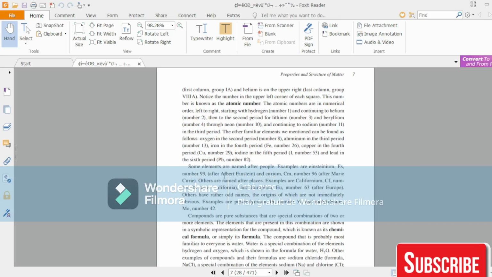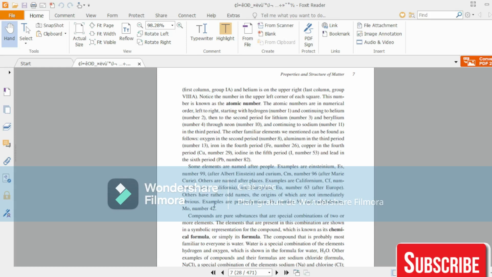Some elements are named after people. Examples are Einsteinium, Es number 99, after Albert Einstein, and Curium, Cm number 96, after Marie Curie. Others are named after places. Examples are Californium, Cf number 98, after California, and Europium, Eu number 63, after Europe.